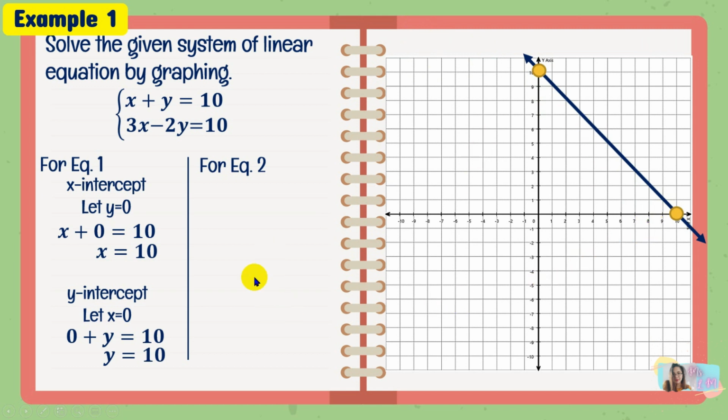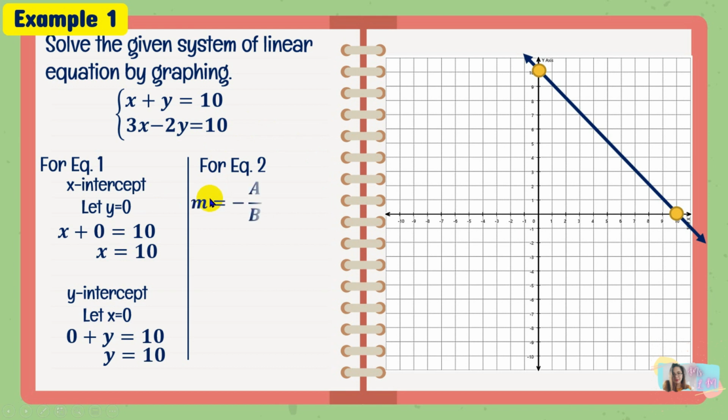For the second linear equation, we have 3x minus 2y is equal to 10. And as you can see, we have here 10 as the constant. And the numerical coefficient of x cannot divide our constant and cannot give a whole number as a quotient. So, mahirapan po tayong mag-plot ng point kung naka-decimal value siya. So, instead na mag-x and y-intercept tayo, we're going to use the slope and the y-intercept.